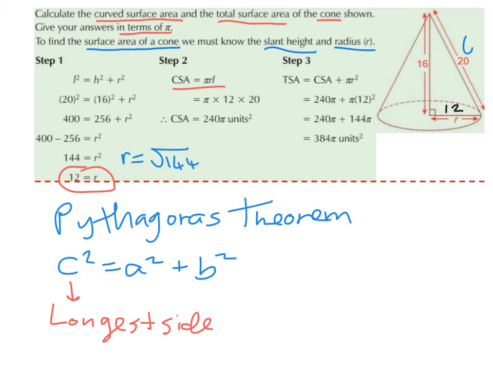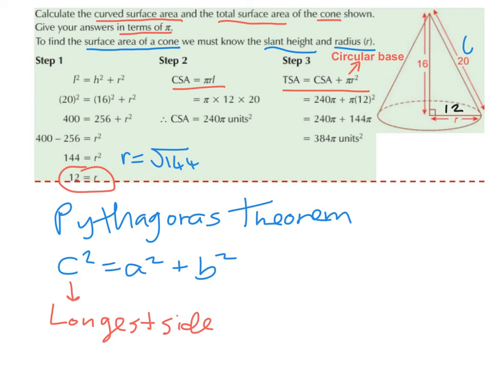Now we're also asked to get the total surface area, which means we get the curved surface area, which we already have, and we add on the area of the circular base. So the total surface area equals the curved surface area plus the circular base.